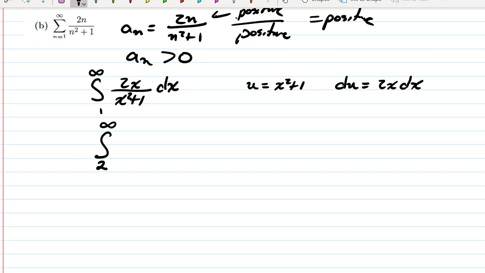In the numerator, the 2x dx becomes du, over x squared plus 1, which is u. The antiderivative of 1 over u is the natural logarithm of the absolute value of u. We evaluate that from 2 to infinity, and the natural logarithm of infinity is infinity, so the integral diverges.